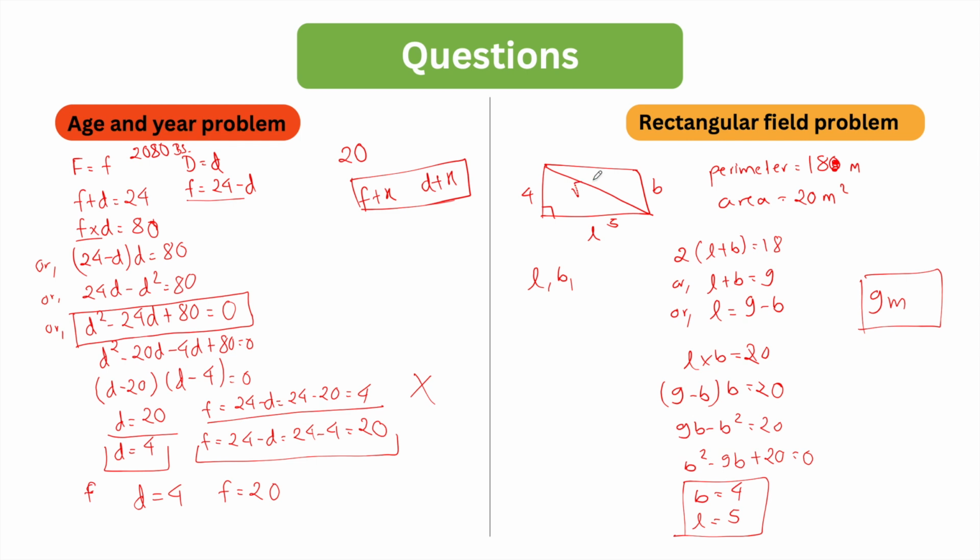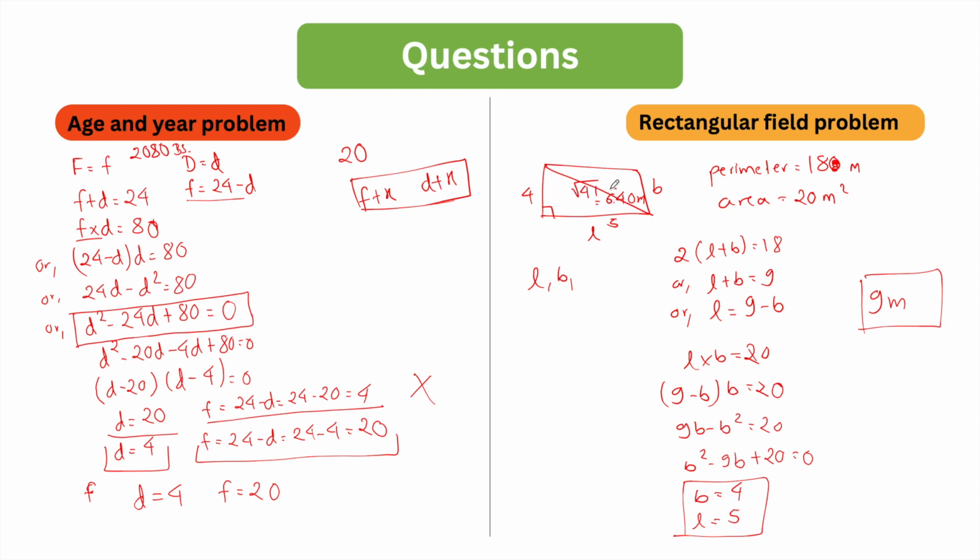Root under 25 + 16, that means root 41, which is 6.40 meter, and this is the longest length of wall that can be made in this field.